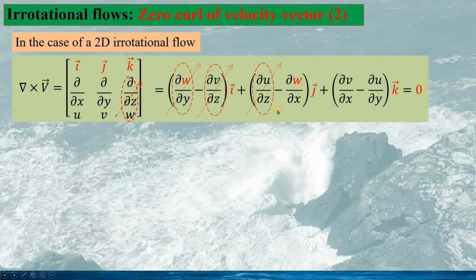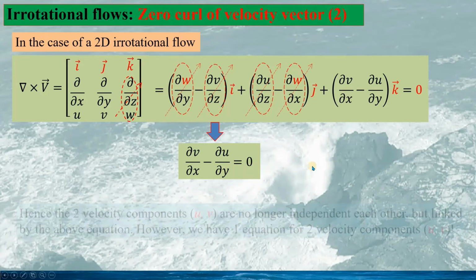Similar for this and this. Therefore, in the curl of the velocity vector in the 2D case, we have only one component around the z-axis that is non-zero, given as this. Therefore, to make the curl of the velocity vector 0, we need to make the component 0, given as this.